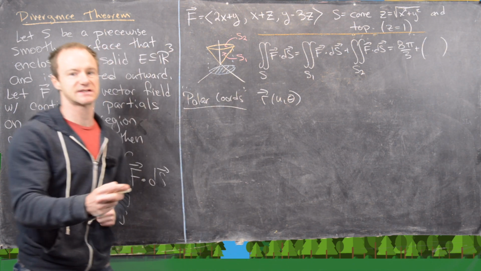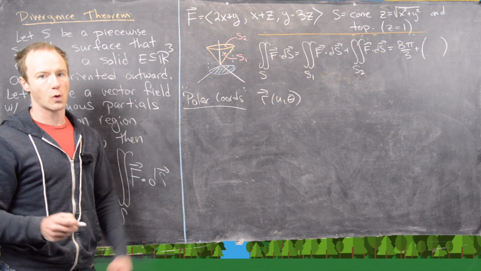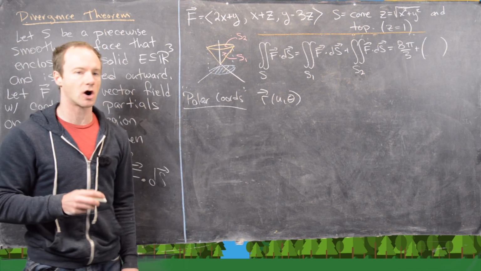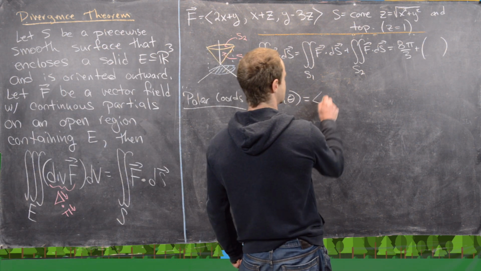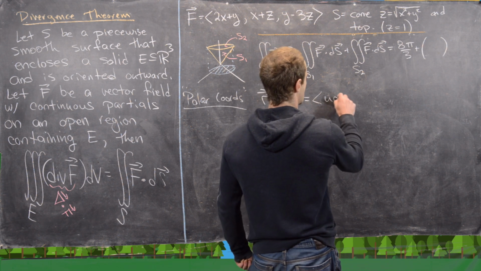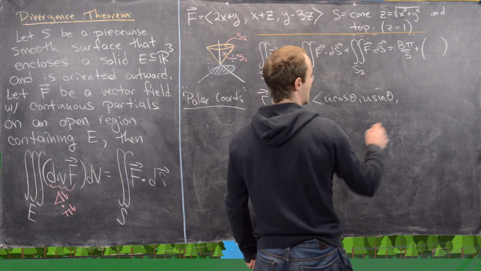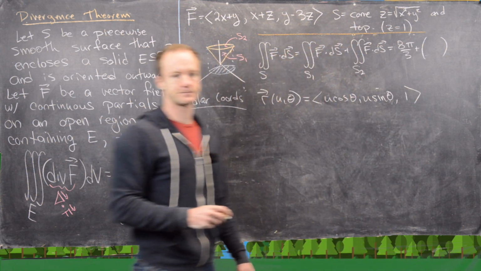I'll take my distance from the z-axis to be u, since we've already used r here. So this is going to be u cosine theta, u sine theta, and then 1.